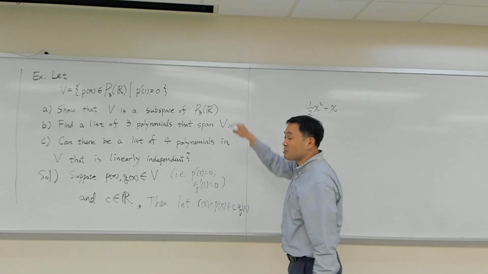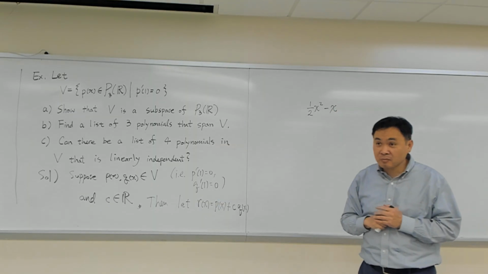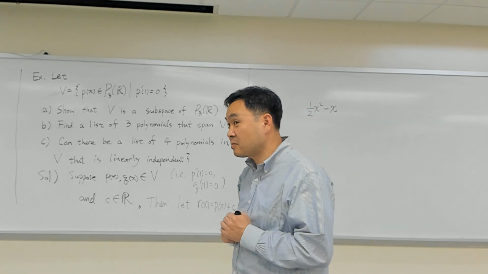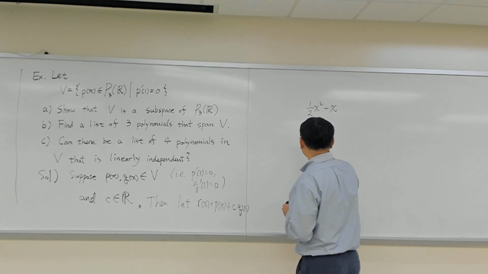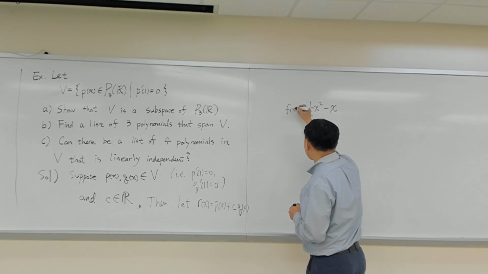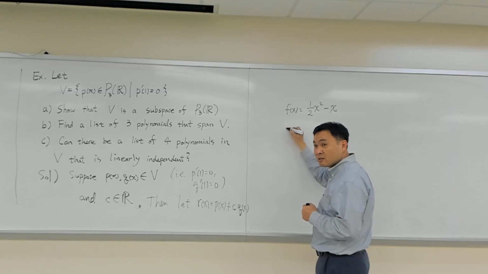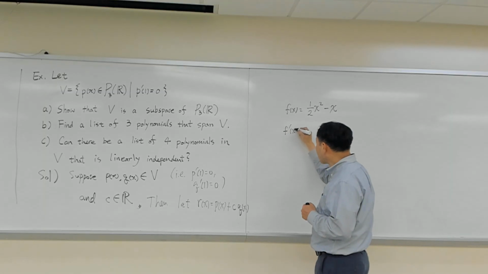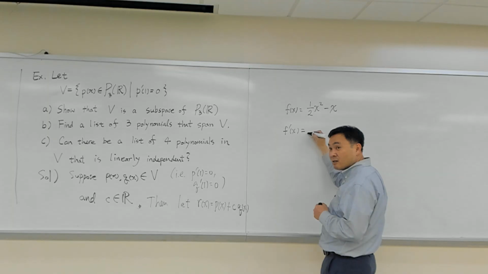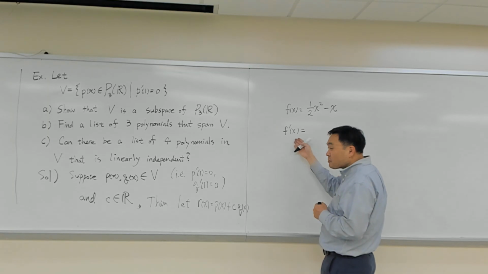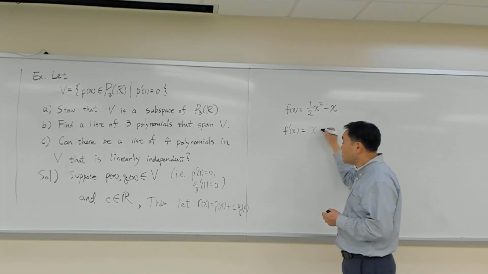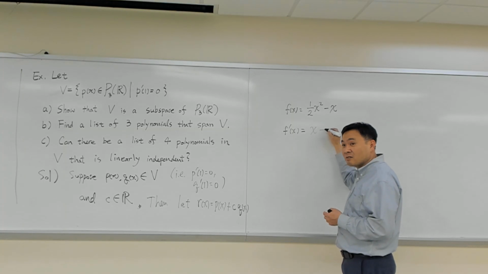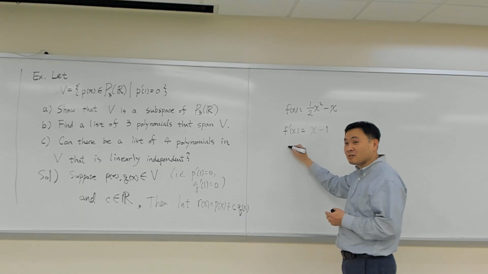And then let me ask a totally separate question. Is this polynomial in V? It's a differentiation of P prime 1, so it should be 0. Okay, so what are you trying to say? If I say this is f of x, what are we trying to check? What is f prime of x? That's x minus 1.